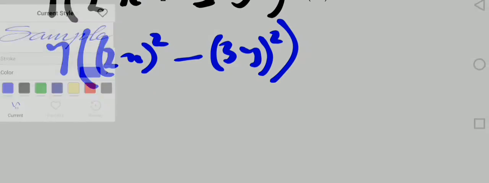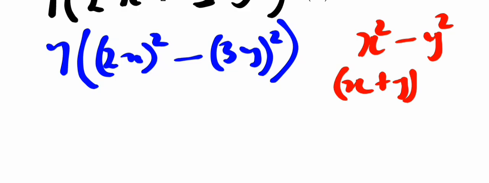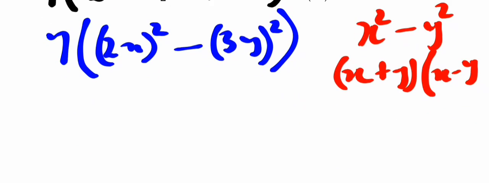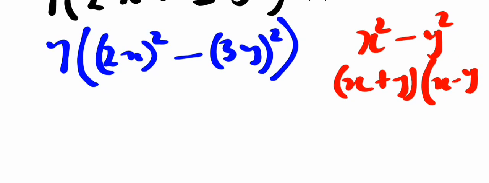From our difference of squares, x squared minus y squared, this one will give us x plus y multiplied by x minus y. So this is a factorization of difference of two squares here. And the same thing applicable here.